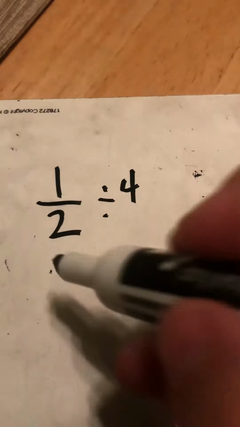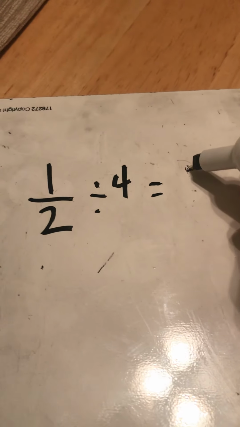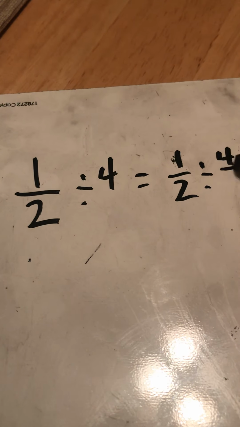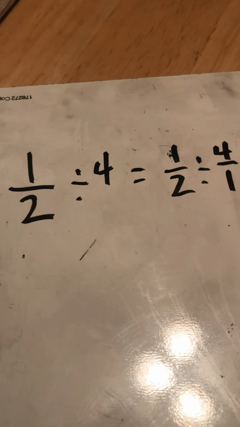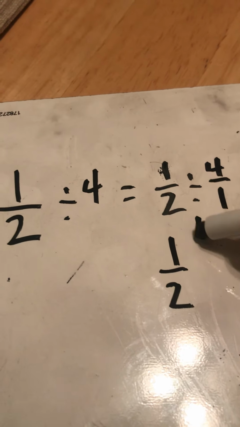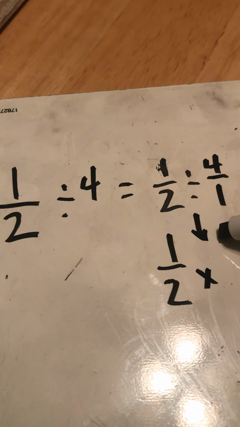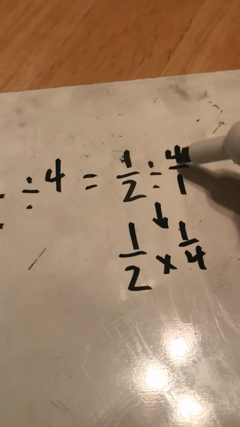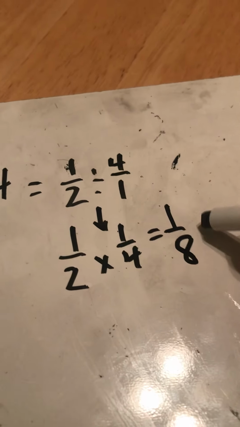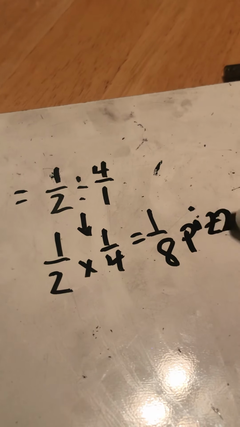So we're going to go ahead and put 4/1. Right? And then we'll bring this down. This becomes our multiplication. And then this gets flipped with our reciprocal. And we end up with 1/8 pizza is what each friend is getting.